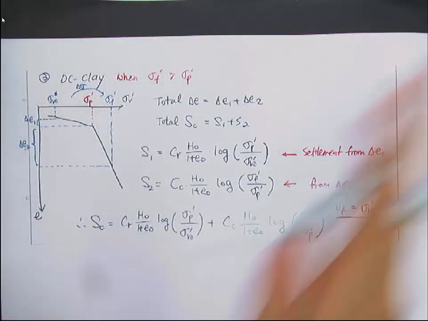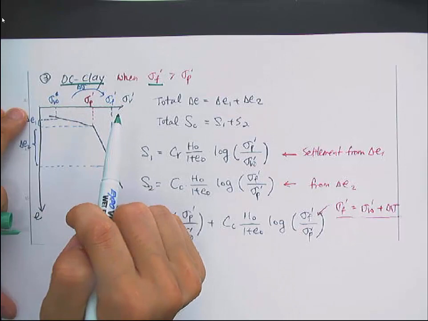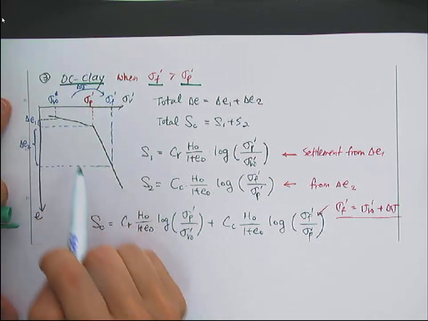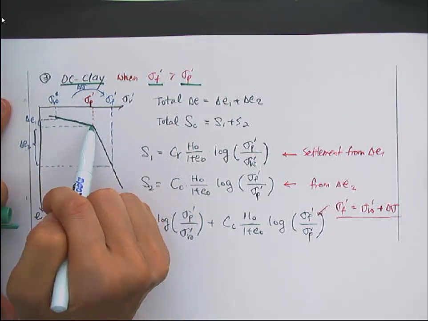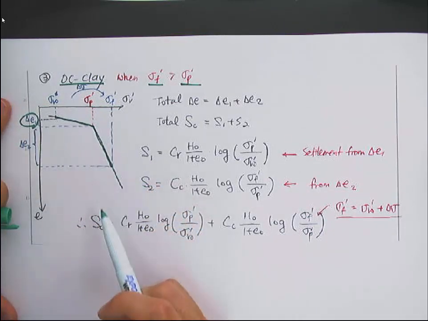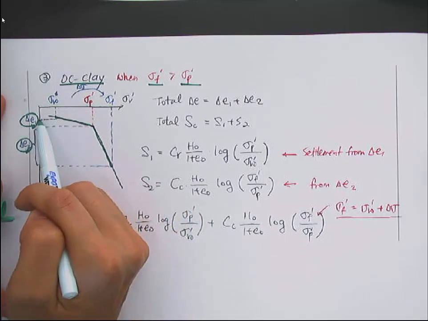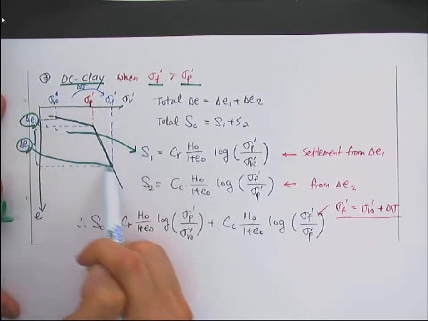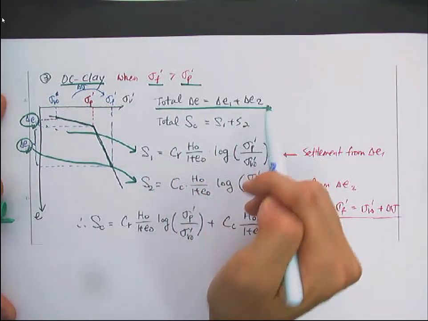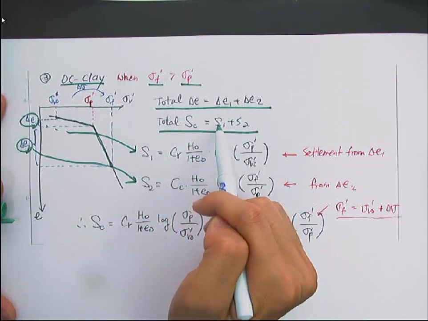And the last case, you start with the OC clay, and the final effective stress exceeds the pre-consolidation stress, sigma p prime. So then you have to separate two stages. From here to here, you calculate the void ratio change, and from here to here, you calculate the void ratio change too. Then using these two, you get the settlement corresponding to each void ratio change. So the total void ratio change is delta e1 plus delta e2, and the total settlement will be S1 plus S2.